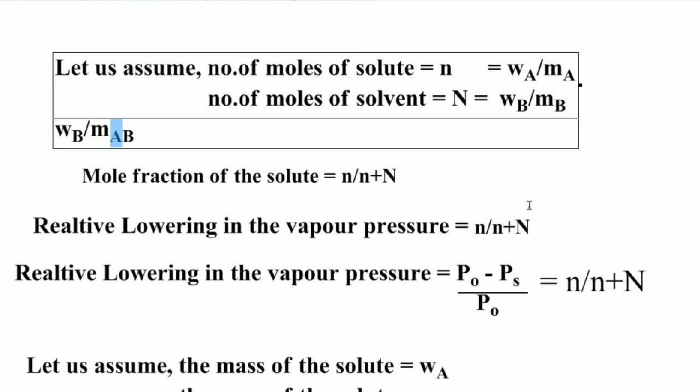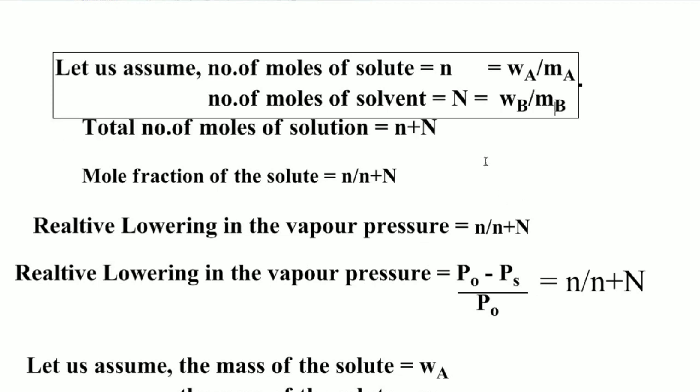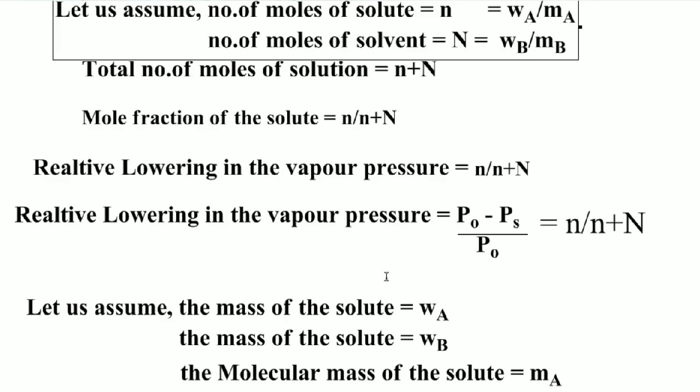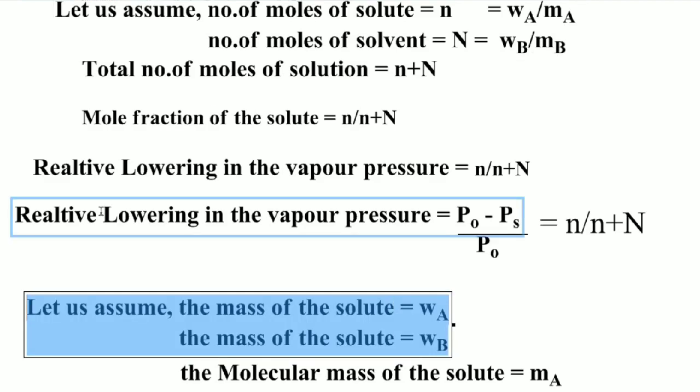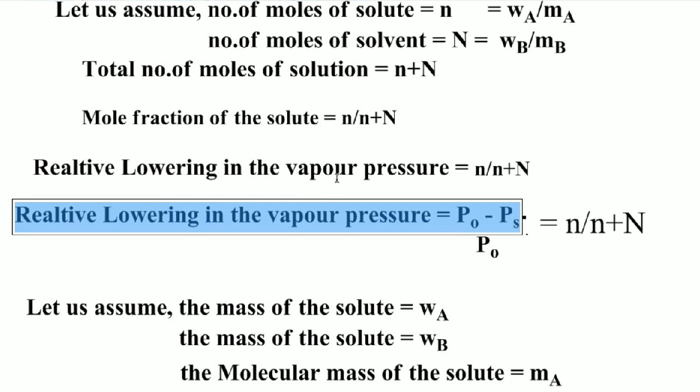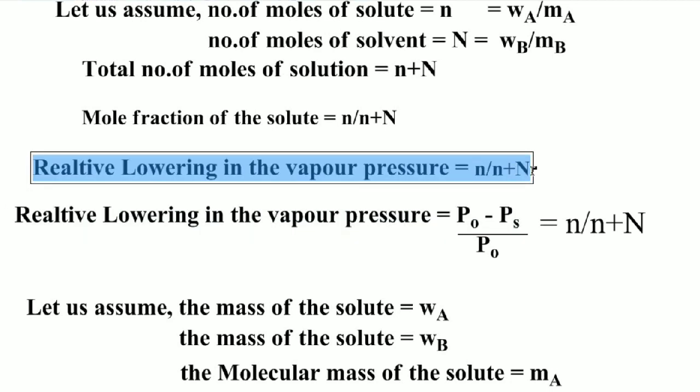Therefore students, Raoult's law becomes: relative lowering in the vapor pressure is equal to the mole fraction of solute, which can be written as (WA by MA) divided by (WA by MA plus WB by MB).